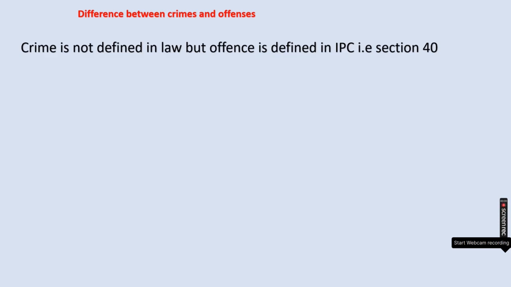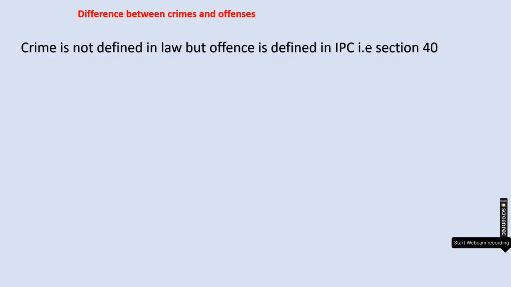Many changes are happening in society, and when society changes drastically, the laws also change drastically. That is the reason crime and law are neither static nor absolute.